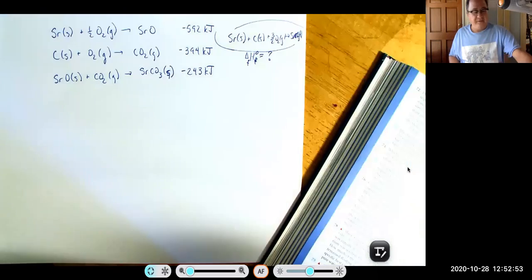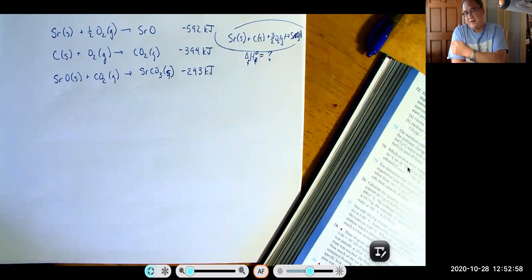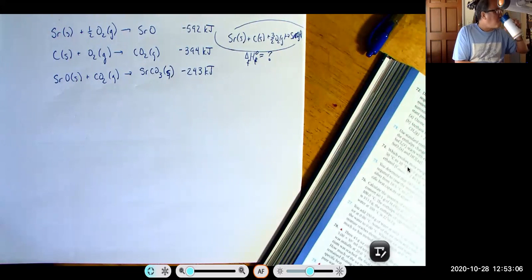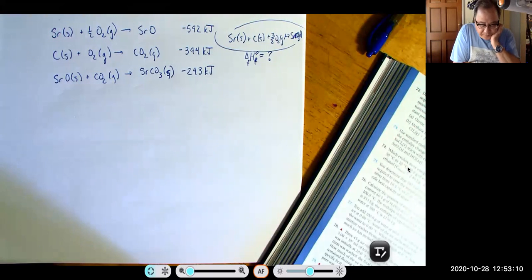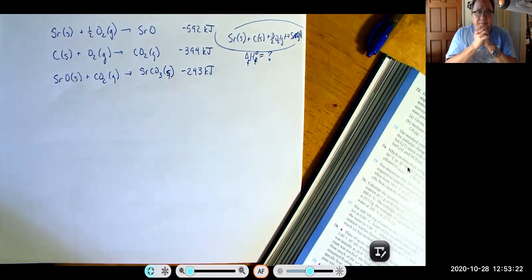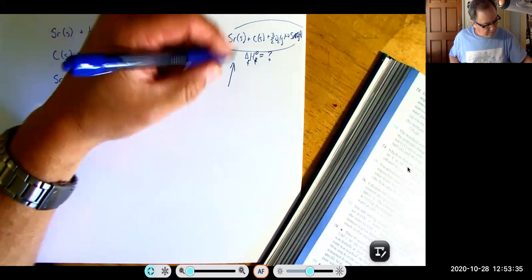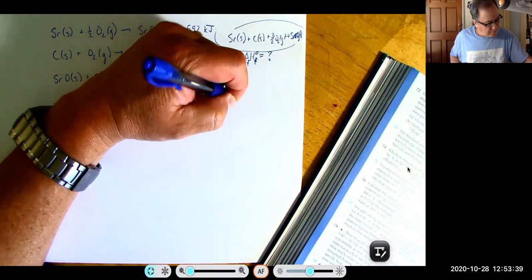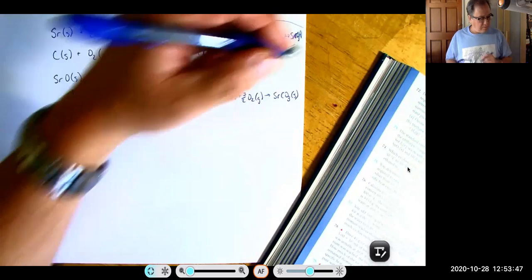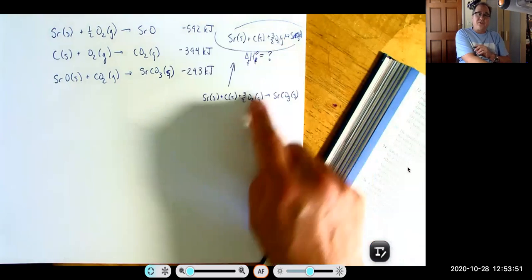Give me a thumbs up when you think you're done. And then we'll do one more. I rewrote this equation a little below so that's a little more neat.